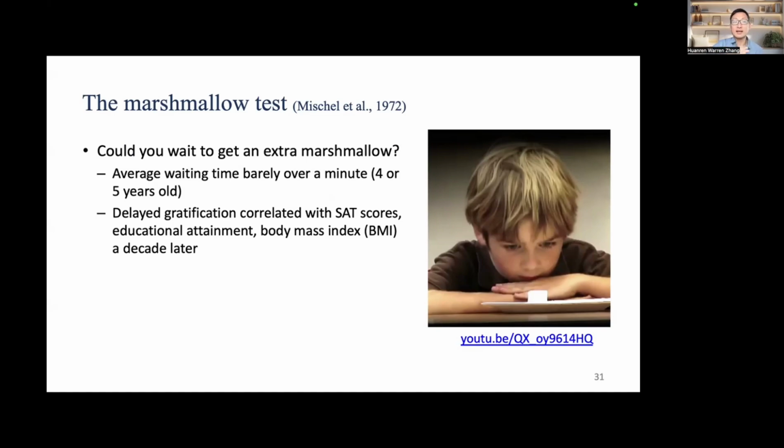So it is mainly this socioeconomic status of the family that is correlated with the corresponding performance, right? But it's not necessarily the delayed gratification, because in a rich family, you are more likely to trust the experimenter to give you the one additional marshmallow if you wait.